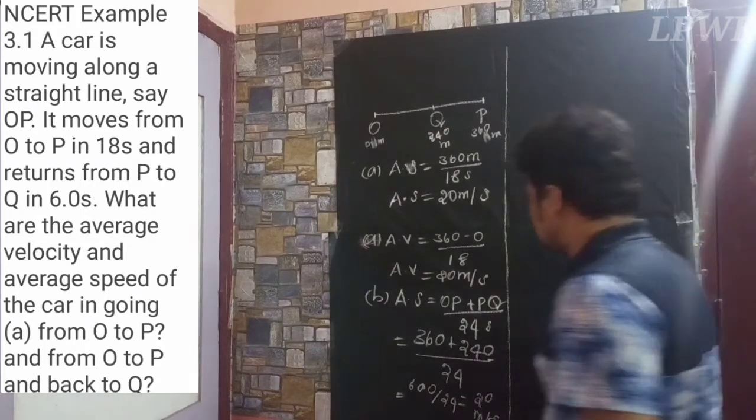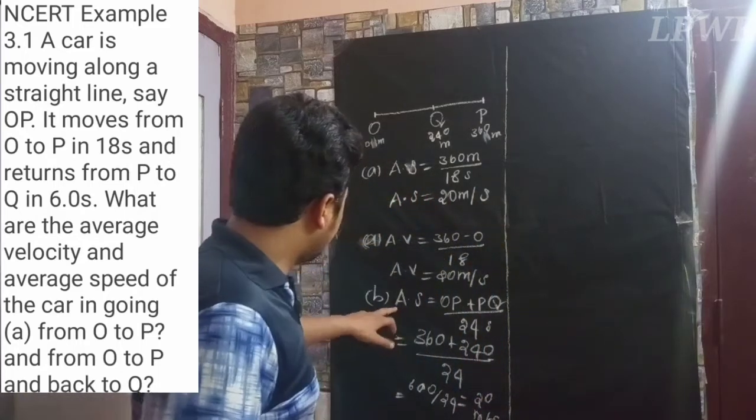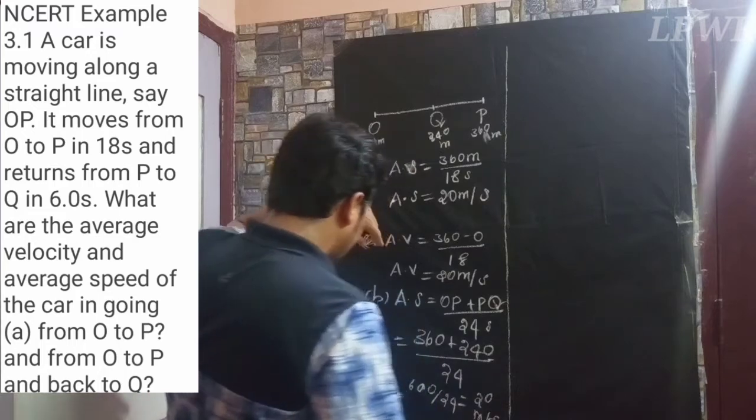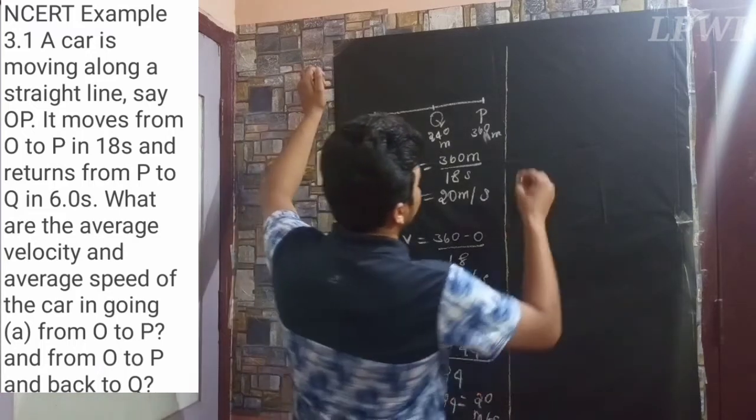Okay, so average speed is equal to 25 meter per second, and then we want to find the average velocity for option B.